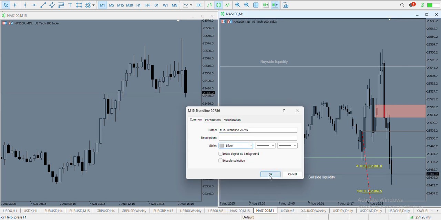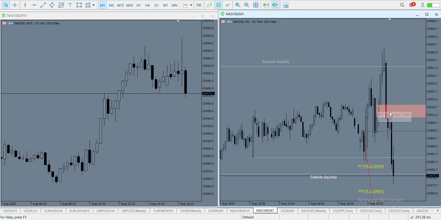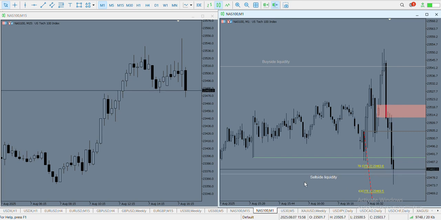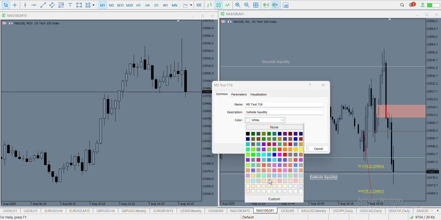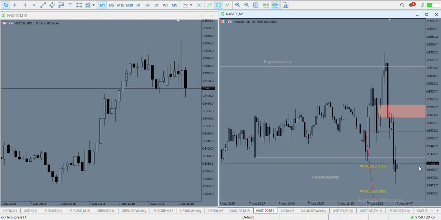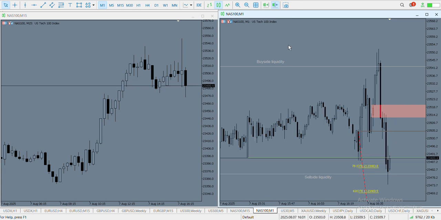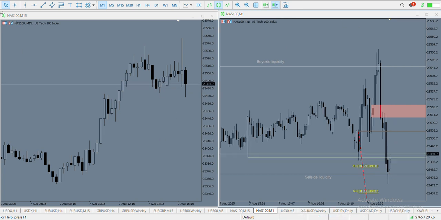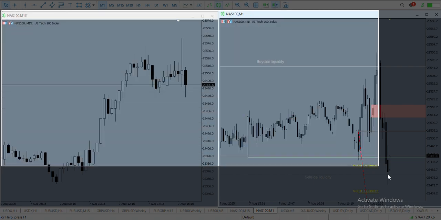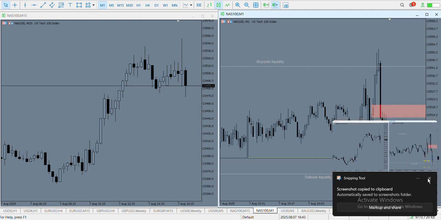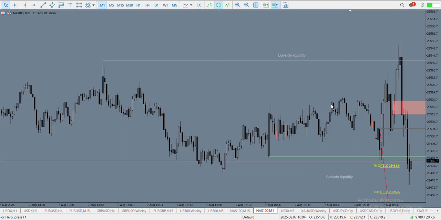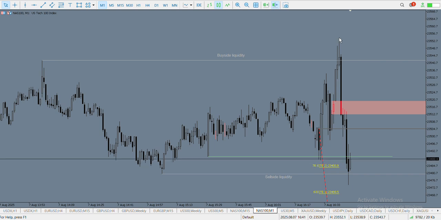Everything outlined. I've talked about the fair value gap sell. I've talked about the sell side here. And that's really it. That could be it for me for today. We ran into buy side.